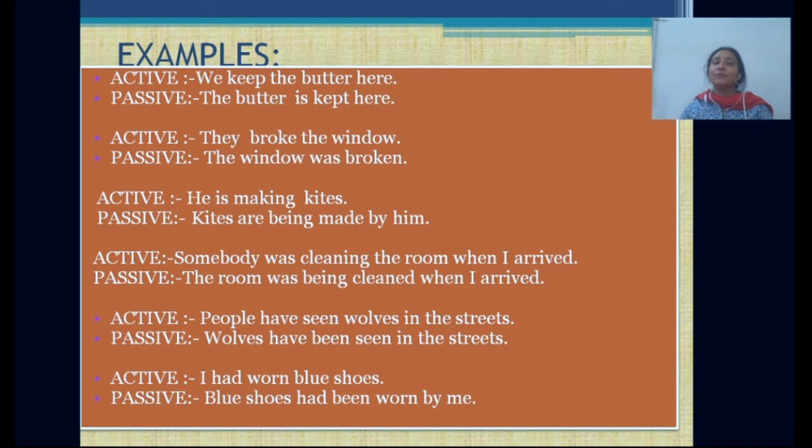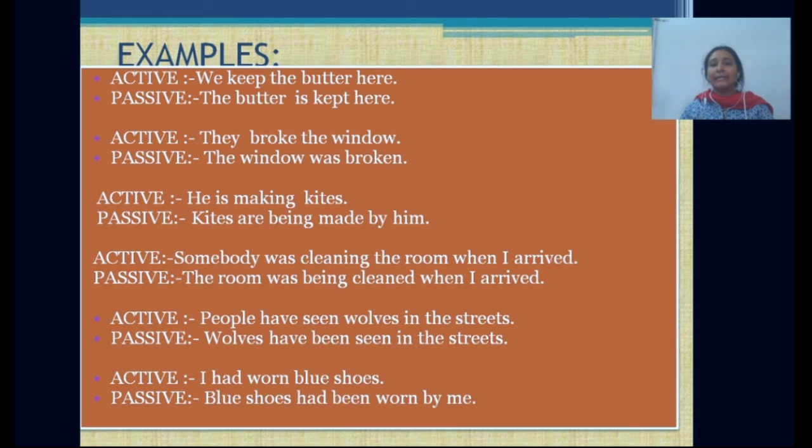So we have said for continuous we add being. The kites become the subject. Kites are, because it is in the present tense, plural form, being, and making converted to the V3 form, made, by him. He, the subject, gets converted to the object him.